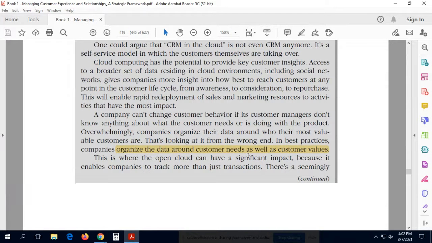So for example, customer one, for example, one of you, Wendy. So Wendy or Chris or Alicia, you can be one of the customers. And then as a company, I would say, okay, what are the needs of Alicia? What are her needs?